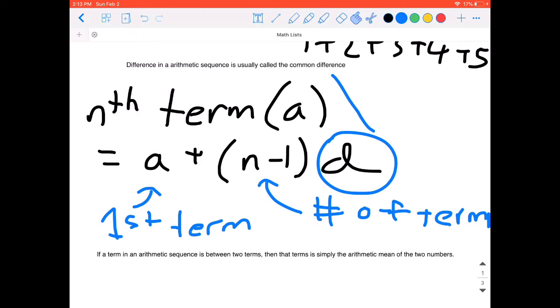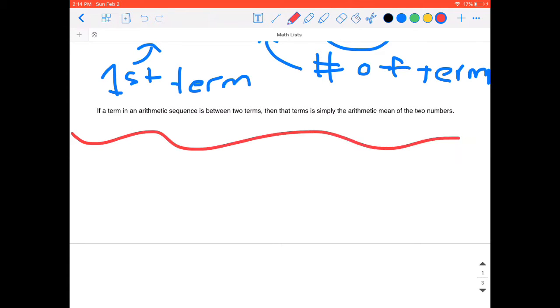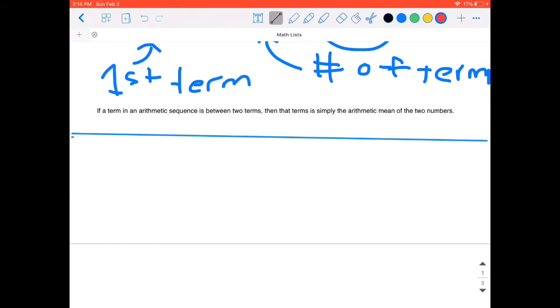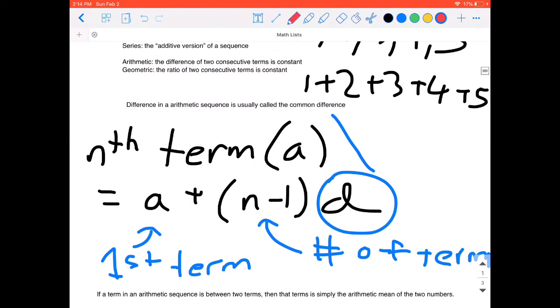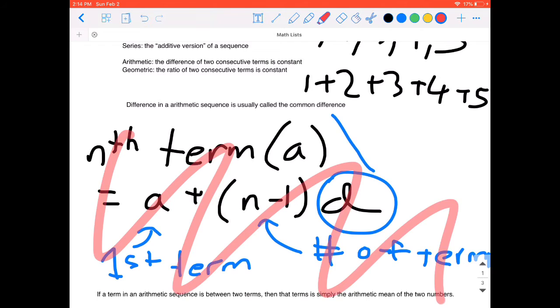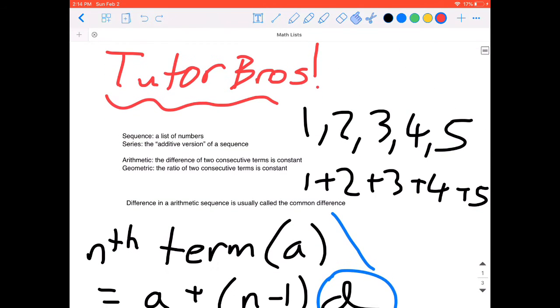The next thing is when we add a group of consecutive numbers. So all of this right here was arithmetic sequences. I'll highlight it in red. This right there is an arithmetic sequence, so I'll write that in as a title.